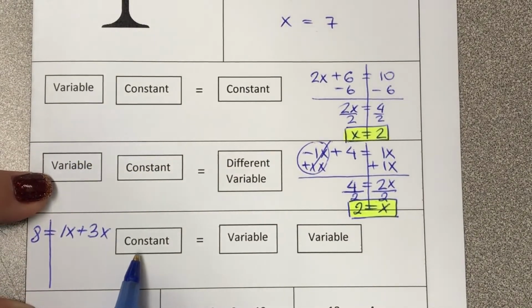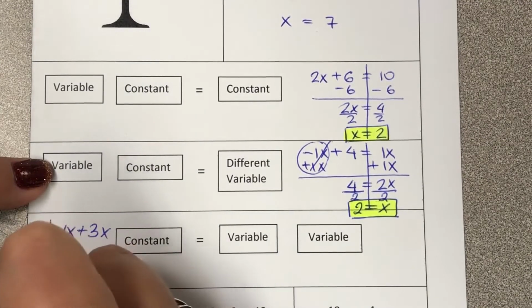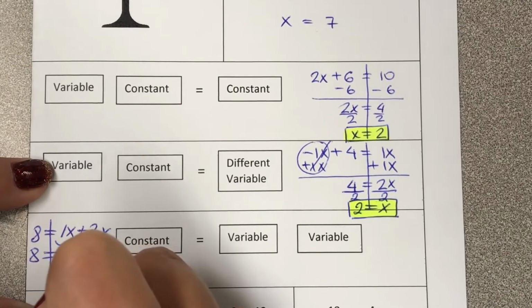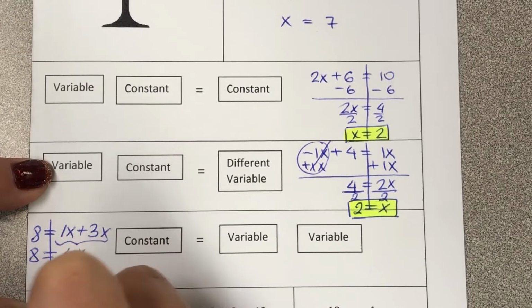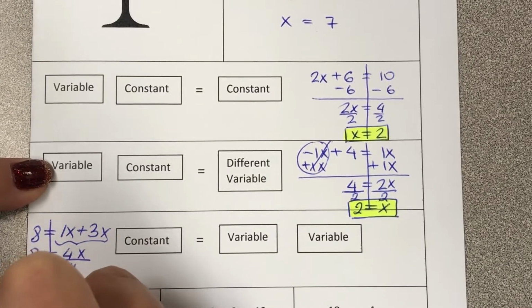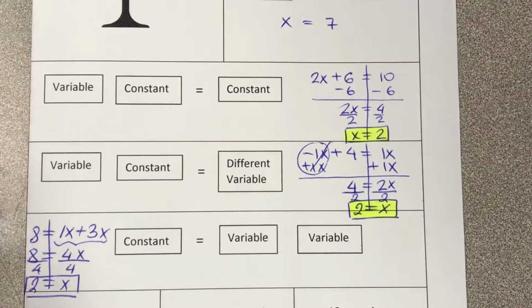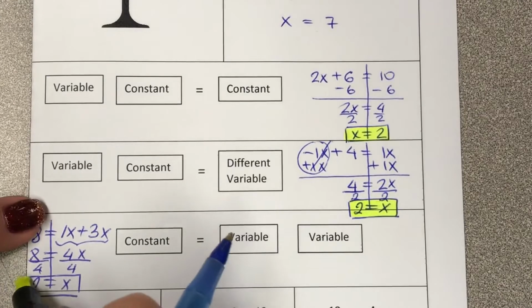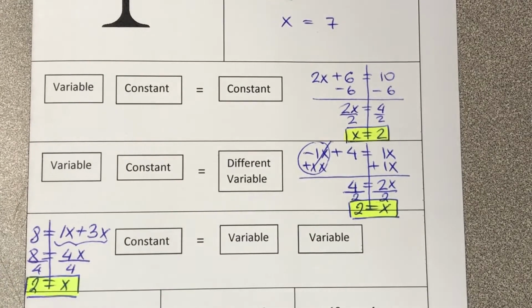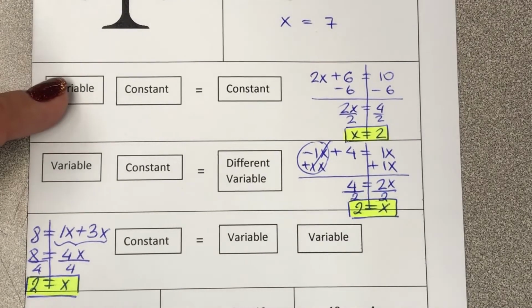So I have a constant and then 2 different variable terms added together. So 8 will equal 4x if I combine the like terms, and if I divide by 4, my solution is 2. And I picked those equations with the same solution, just so we can see that we have different types of equation, but they can all have the same answer.